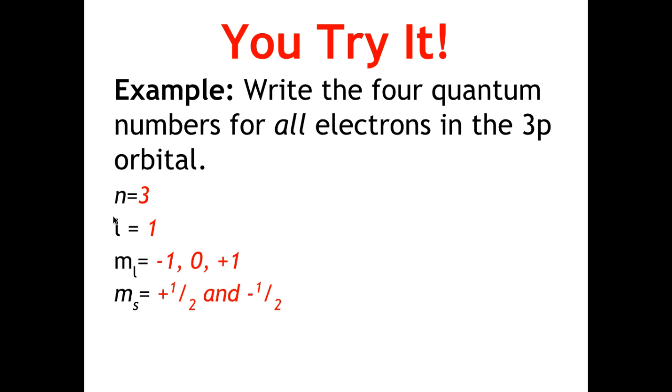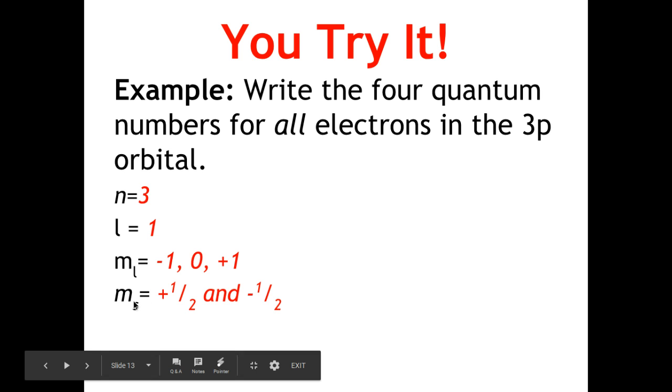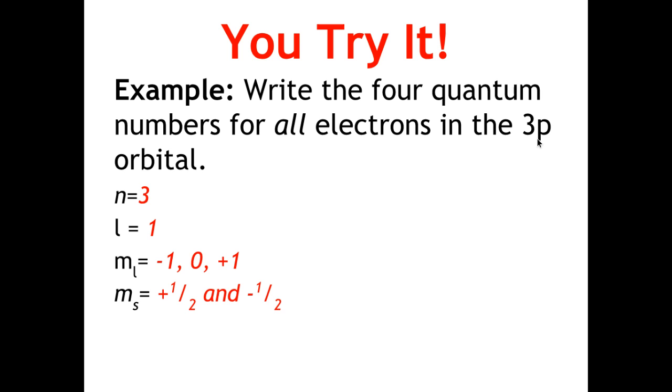The angular momentum quantum number is 1 because p sublevel is 1. The magnetic quantum number would therefore be -1, 0, +1. And the electron spin quantum number would be +1/2 and -1/2. No surprise there, because we know there's 2 electrons in an orbital and one's spinning up, one's spinning down.